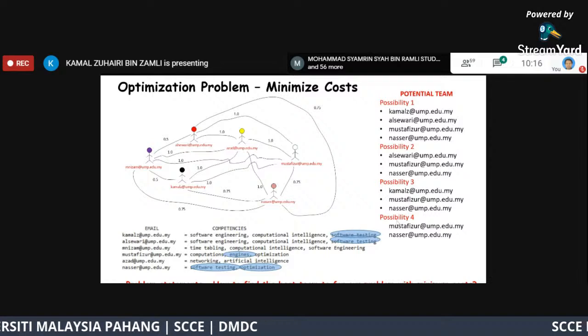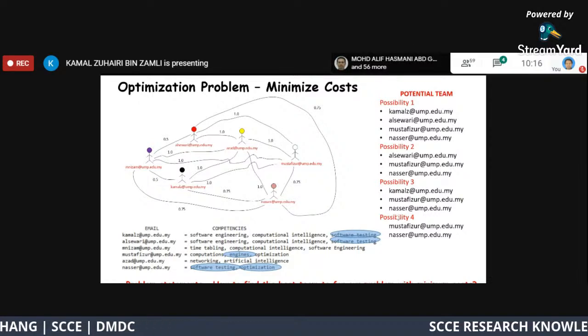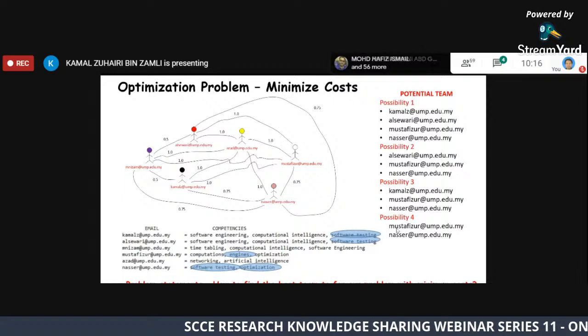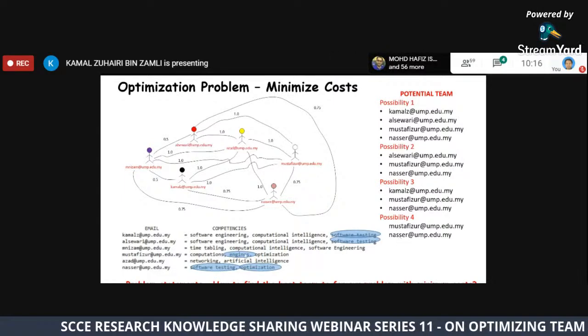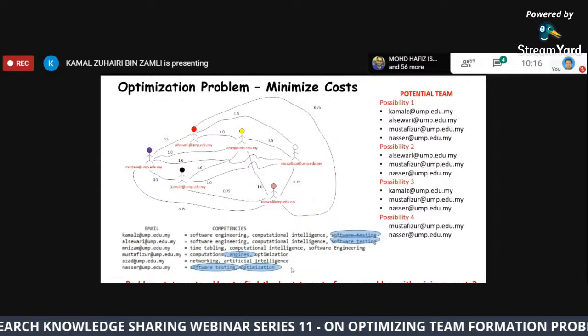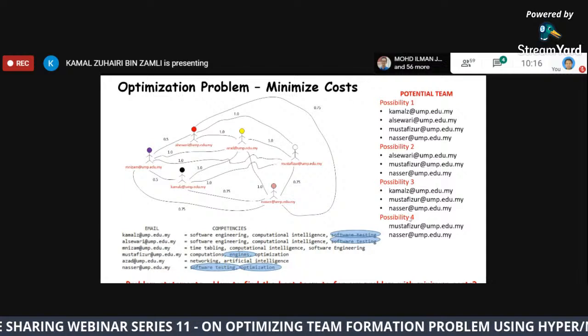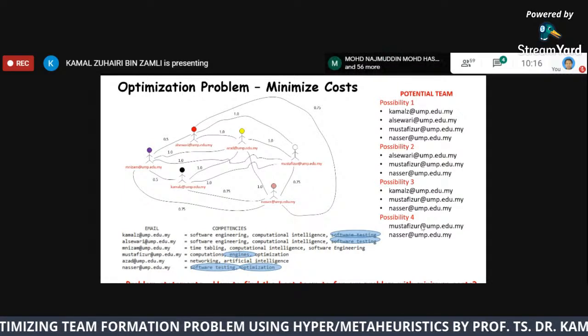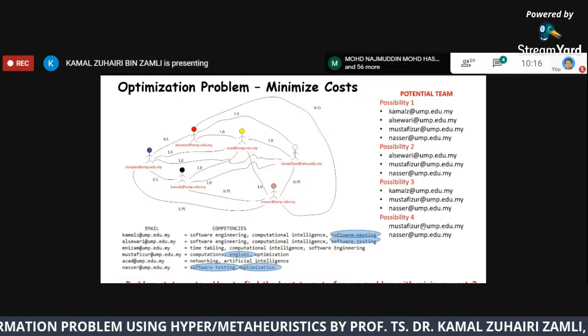Okay, but if you look at this, possibility 4 is actually the most minimum number of team, hence minimum cost, with Mustafizo and Nasir only. If you look at Mustafizo and Nasir, only 2 people, but we cover all the required skill. You can see that we require software testing, engine, and optimization.